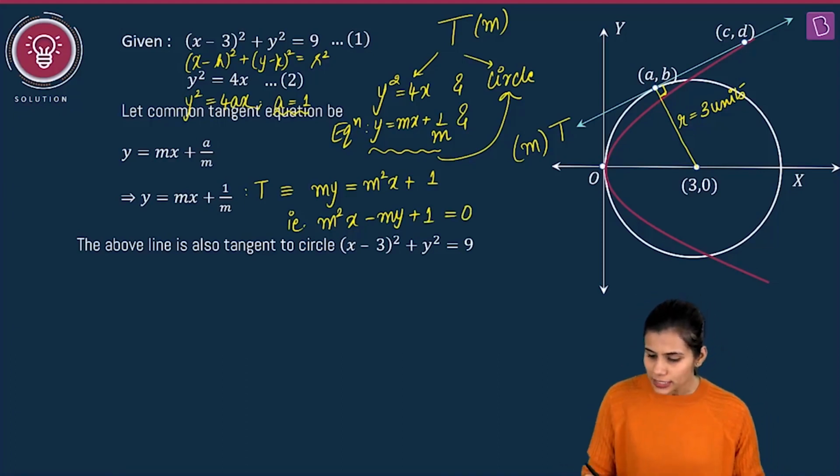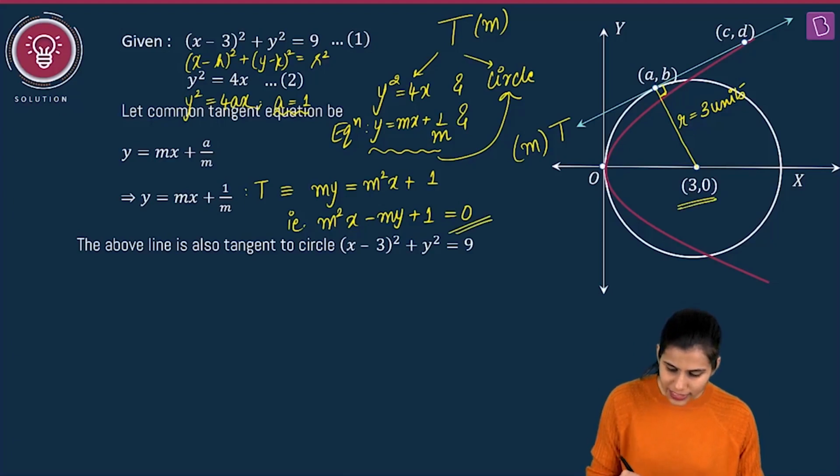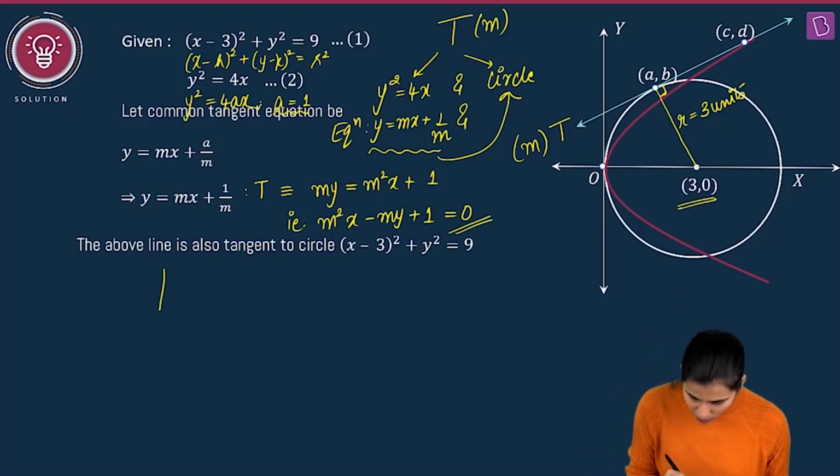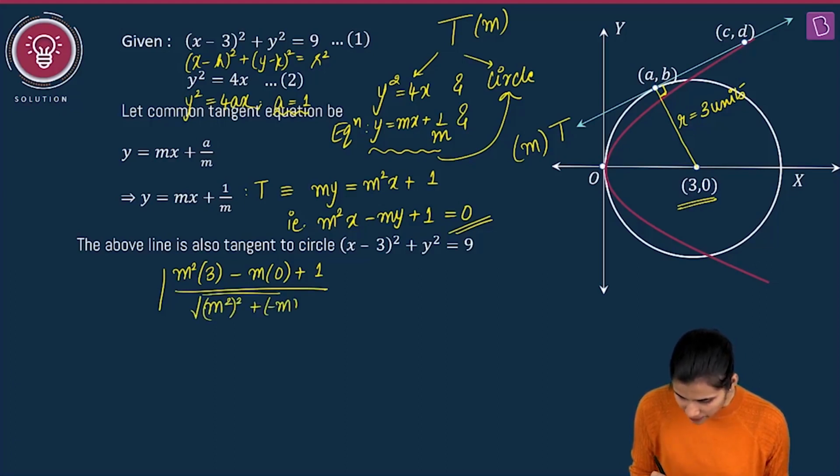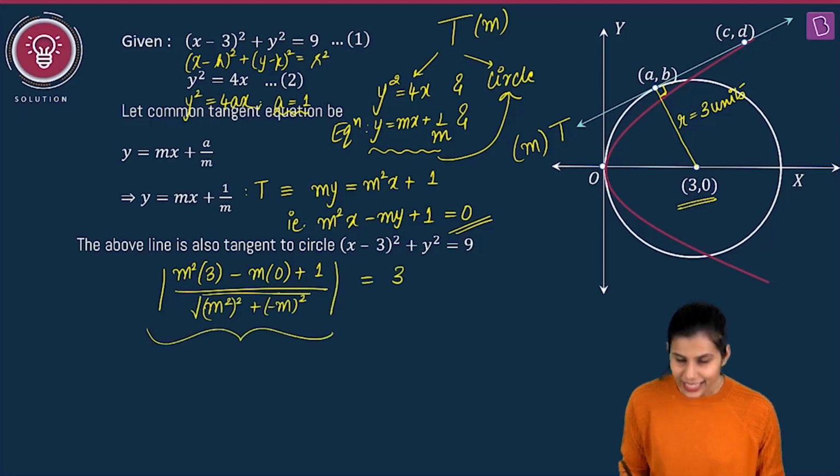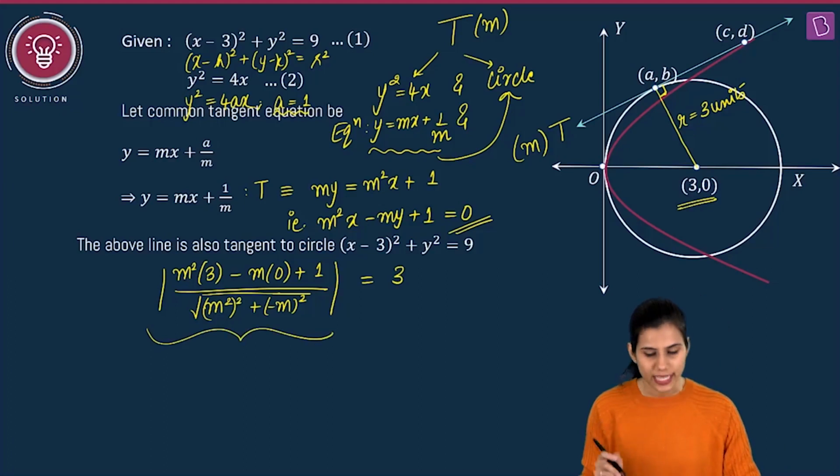So the perpendicular distance of the point (3, 0) from this line is given by mod of m square into 3 minus m into 0 plus 1 upon under root of (m square) whole square plus (minus m) whole square, equal to 3.